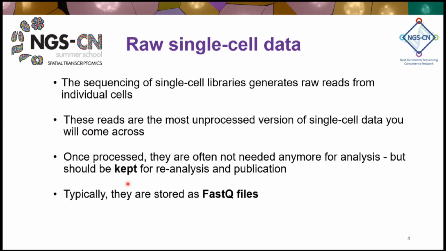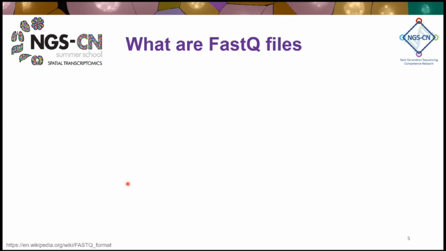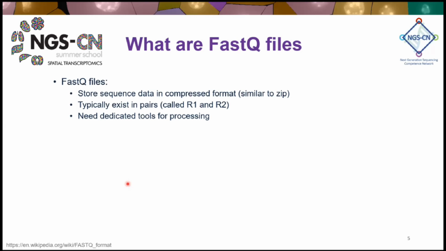Okay, what are FASTQ files? FASTQ files are the files with the sequence data, and they have the suffix .fastq.gz, and they store sequence data. So the reads of your sequencing are in these FASTQ files. They are in a compressed format.